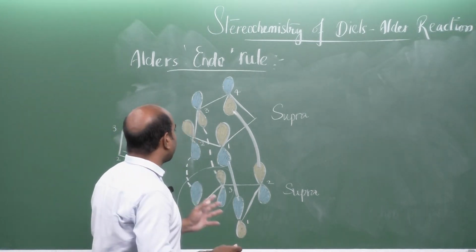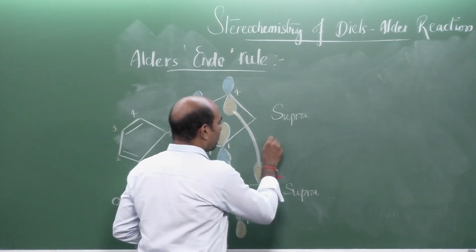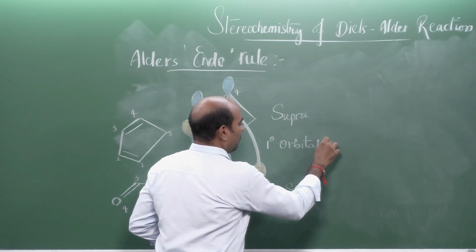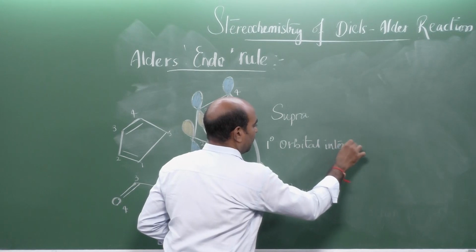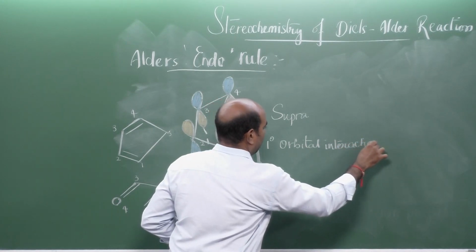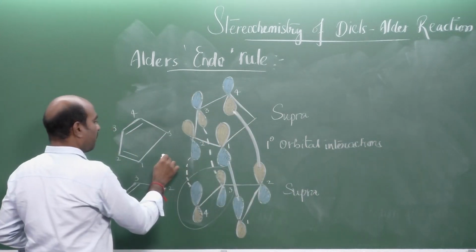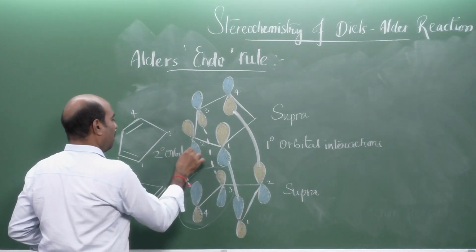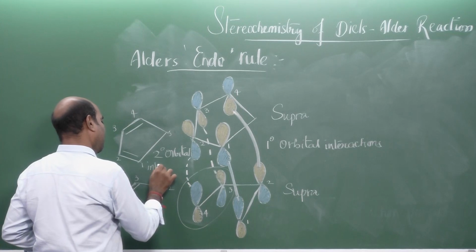So, these are the primary orbital interactions, and this is the secondary orbital interaction.